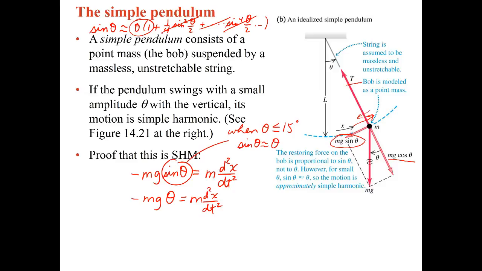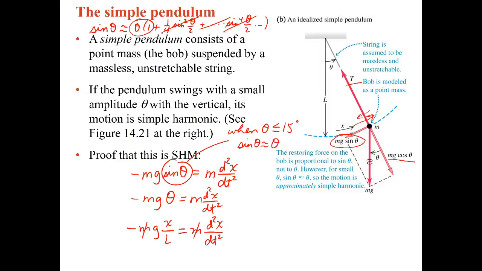And if this is true, well, what's another way of writing theta here? Theta is approximately equal to x over L. So negative mg x over L is equal to m d squared x dt squared. Okay, now at this point I can cancel the m's. I could have done that a long time ago.